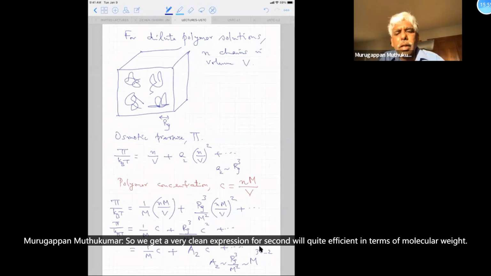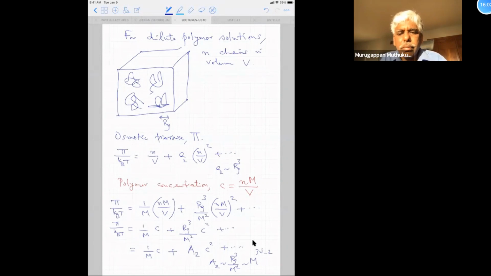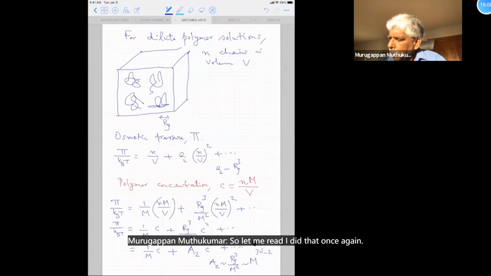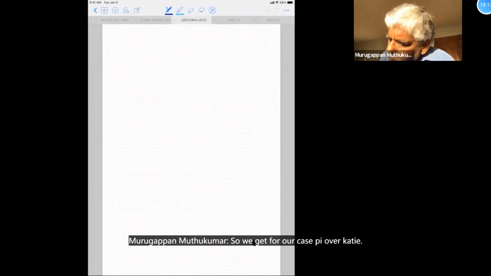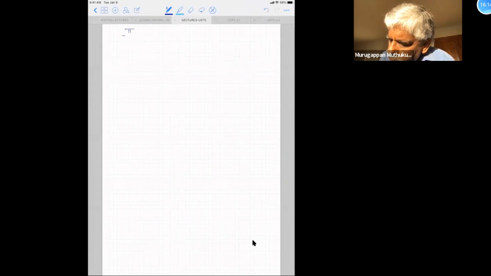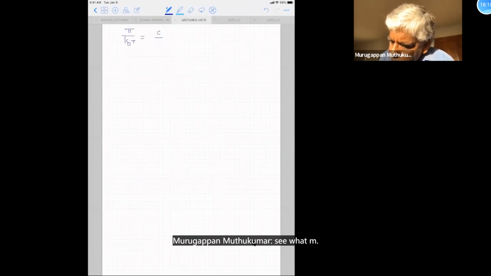So we get a very clean expression for the second virial coefficient in terms of molecular weight. Okay, so that's my osmotic pressure. So let me rewrite this once again. So we get for our case pi over kT equals C over M plus A2 C squared plus etc.